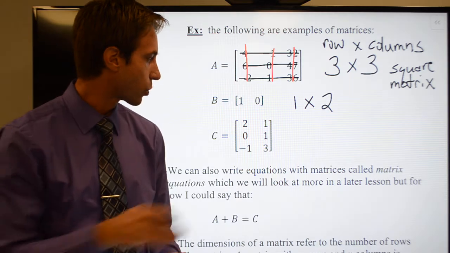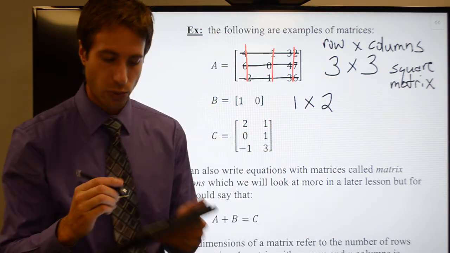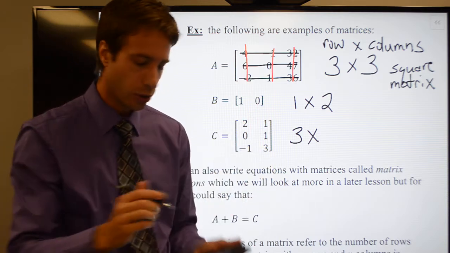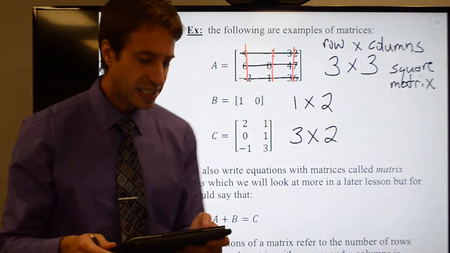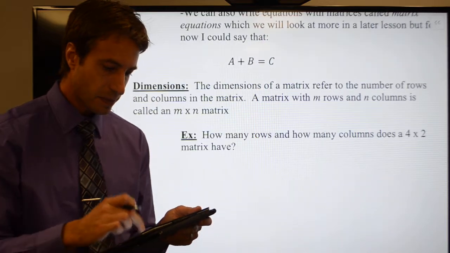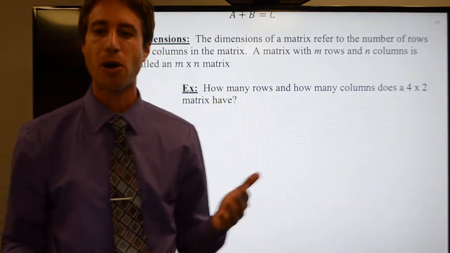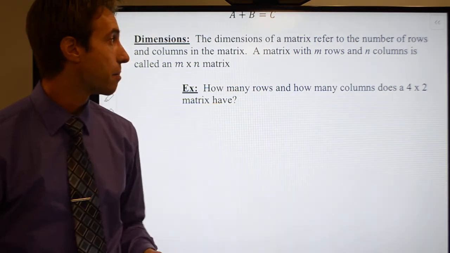Keep going. I got the next one here. 1, 2, 3 rows. Rows go first, then columns. 1, 2 columns. So what we see here is this idea of finding the dimensions of a matrix based on the number of rows and the number of columns.